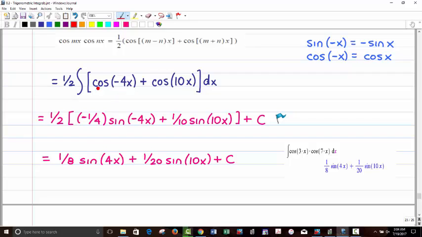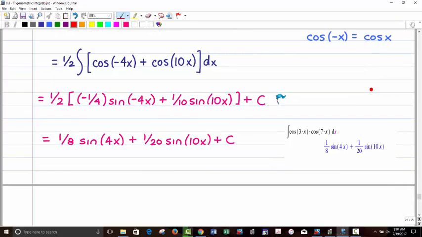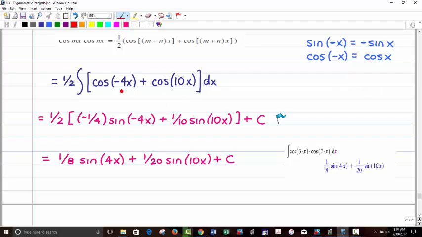Either way, if you had changed this to cosine of 4x, positive, you would have gotten positive 1/4 sine of 4x and then times 1/2, and you still would have gotten the same answer. An answer on a test will probably not have a negative angle there, so I would expect you to be able to convert it to positive. But that's not difficult, just using these.